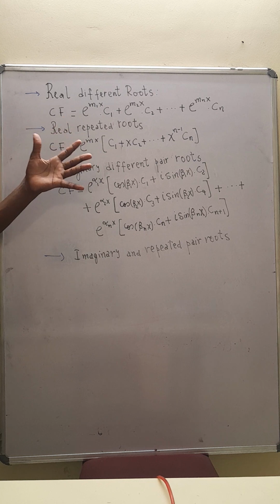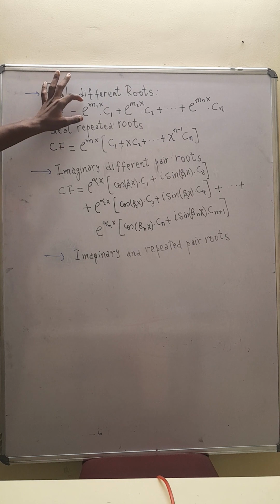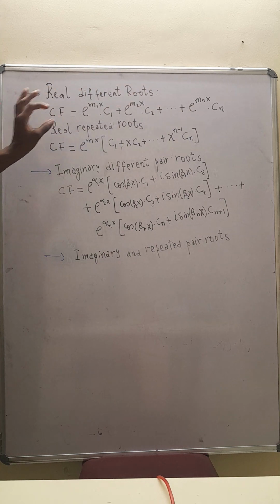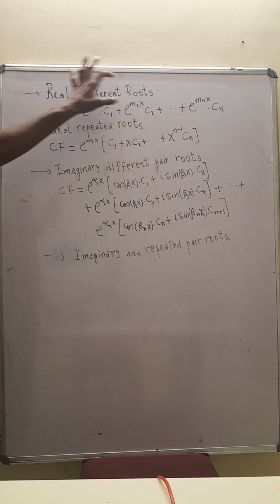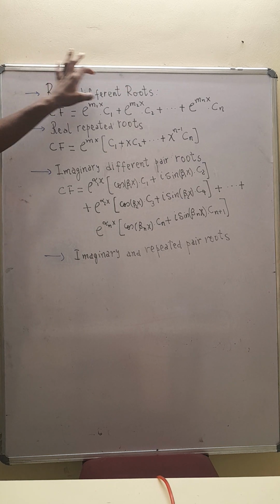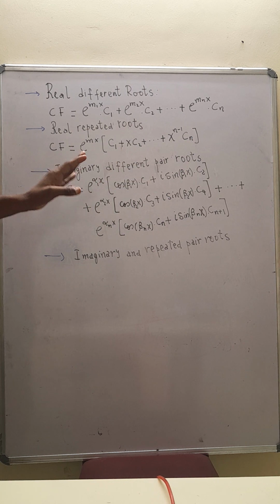So basically what you're going to have is this expression. Look at this expression plus this expression plus this expression, it's almost the same as for real different roots. Just compare these real different roots with imaginary different pair roots.